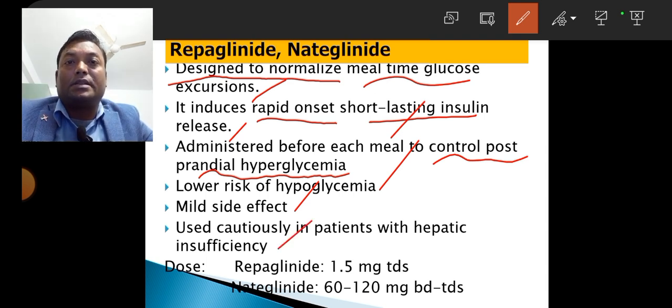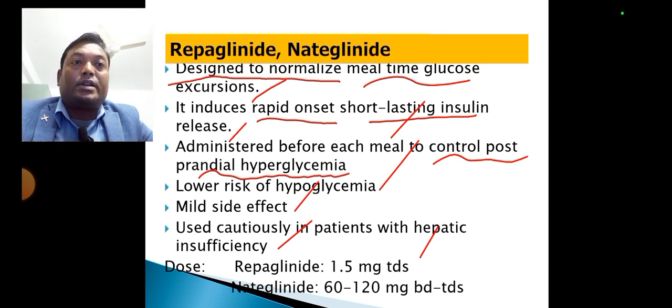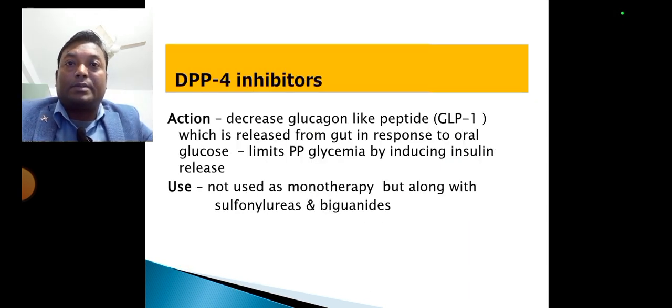So if a diabetic patient also has some hepatic insufficiency, we have to take precautions during the prescription of repaglinide or nateglinide. Repaglinide can be given 1.5 milligram thrice a day, or nateglinide 60 to 120 milligram BD or TDS. So these are very important drugs for postprandial hyperglycemia.